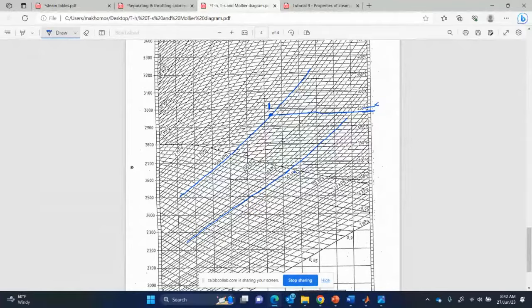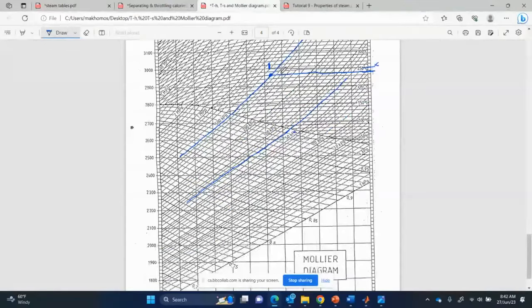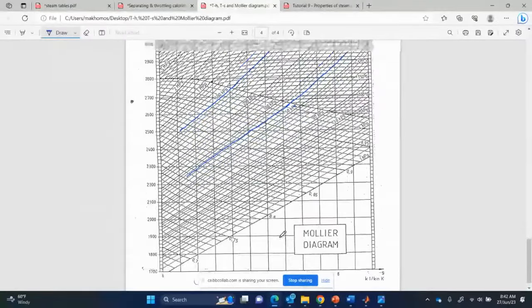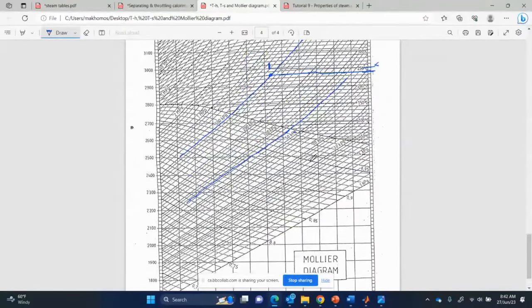Now we are told that the steam expands isentropically. Isentropically means that the entropy at 1 and entropy at 2 is the same. So you take your ruler. Remember the vertical lines. These vertical lines are entropy. So you draw a straight line from 1 up to where it cuts the 70 kPa line.